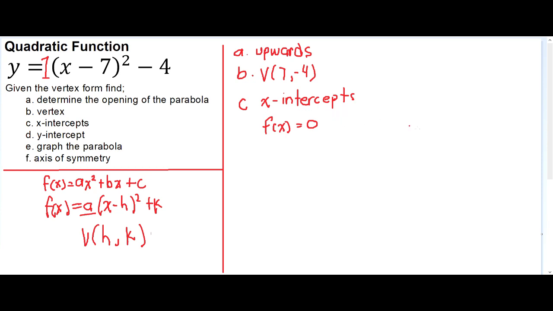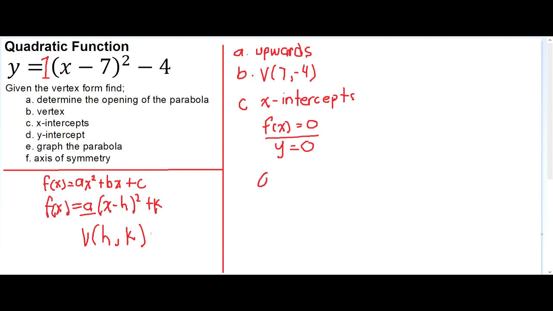Again, sinabi ko last time sa video na ang f of x is also equal to y. So, pwede rin gawing y is equal to 0. Para in your given, you have y is equal to the quantity of x minus 7 square minus 4. Palitan mo lang yung y or yung f of x ng 0.